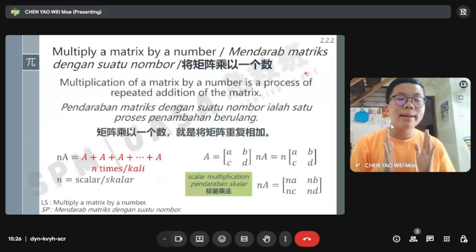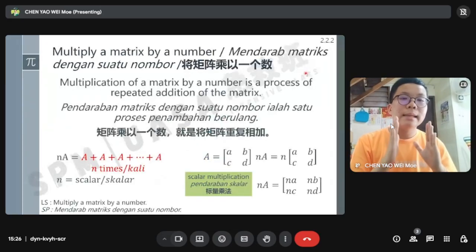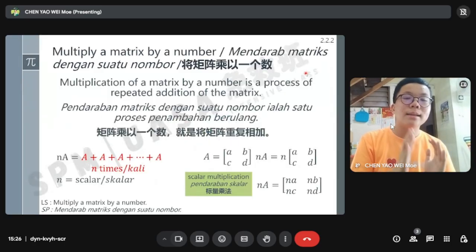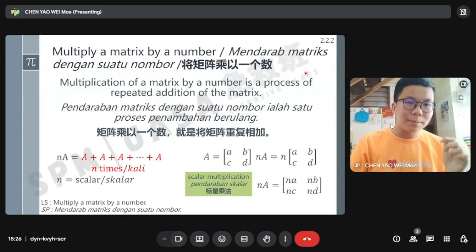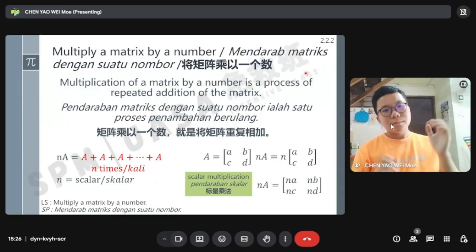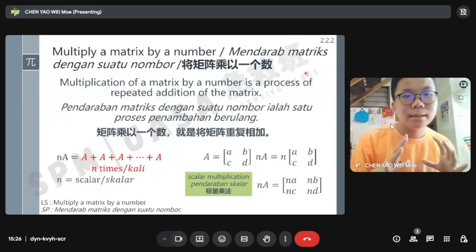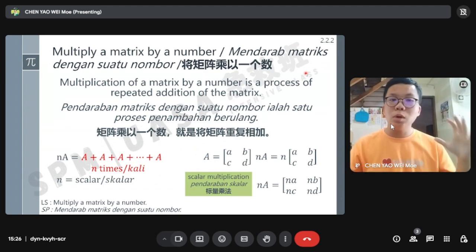Now, if I want to add up a matrix, I repeat the addition many times, n times. I don't want to make it too long.